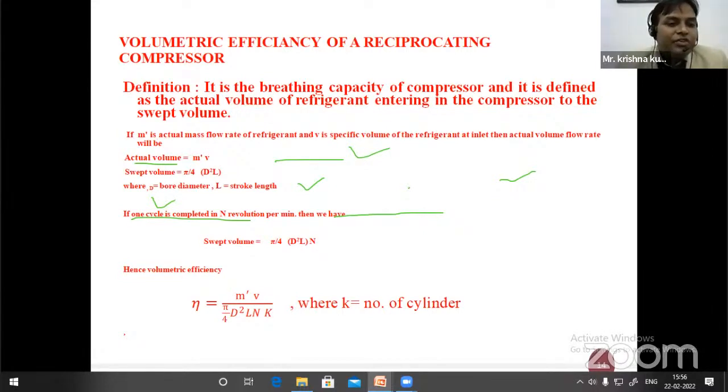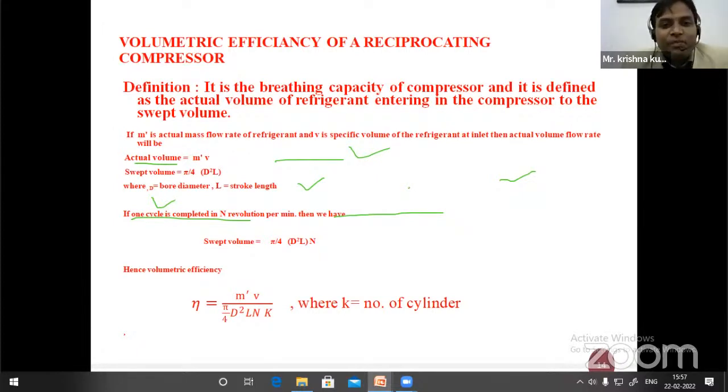Assume that m dot is the actual mass flow rate of refrigerant and small v is the specific volume of refrigerant at inlet. This volumetric efficiency is defined at the inlet of the compressor only. So actual volume equals m dot multiplied by specific volume, and swept volume is pi by 4 d square l.